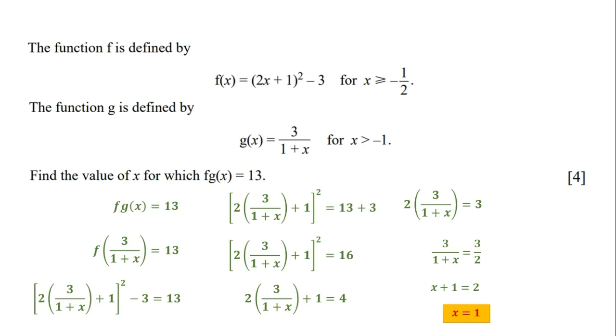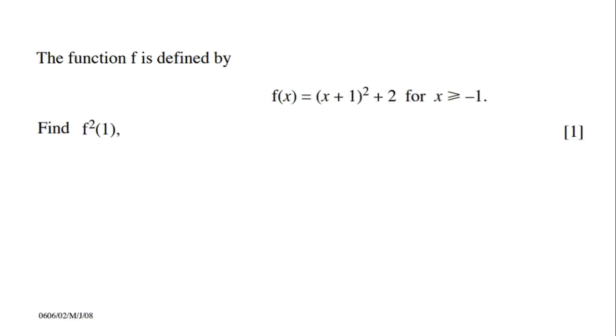Let's move to the next example. The function f is defined by f of x is equal to (x plus 1) squared plus 2, for x greater than or equal to negative 1. Remember, I said a while ago, if you see f squared in our functions, it means f of f.